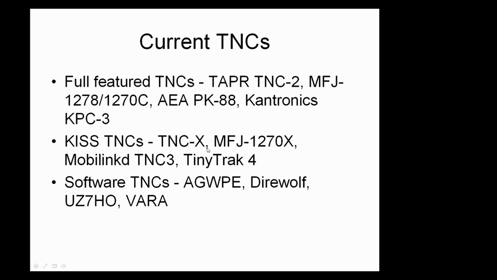With the TNC Pi, it's basically using the general purpose input-output pins to connect it, and it's a teeny little package. You could kind of look at that as a computer and TNC all rolled into one. So in some ways, that's kind of the ultimate evolution of a KISS TNC.